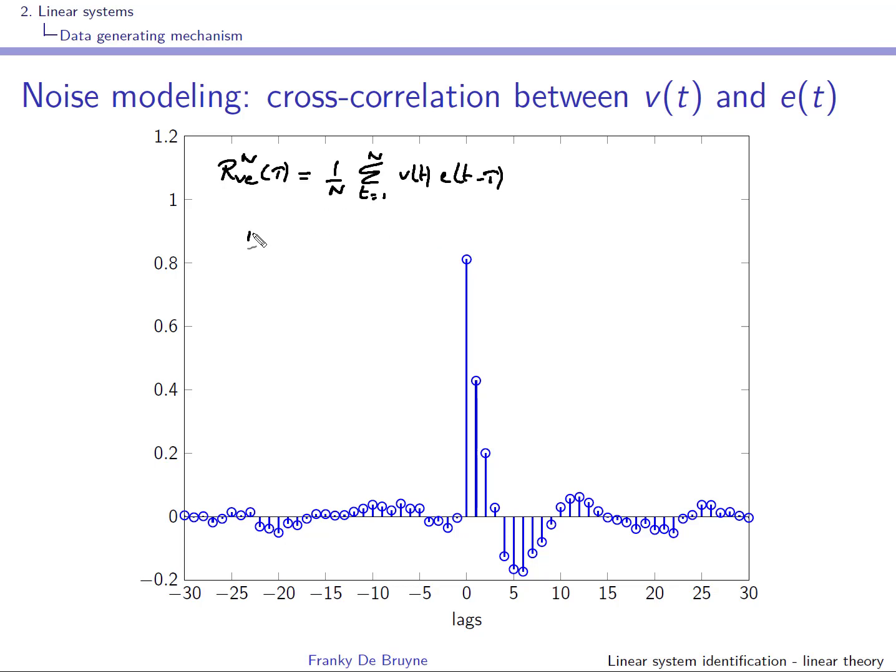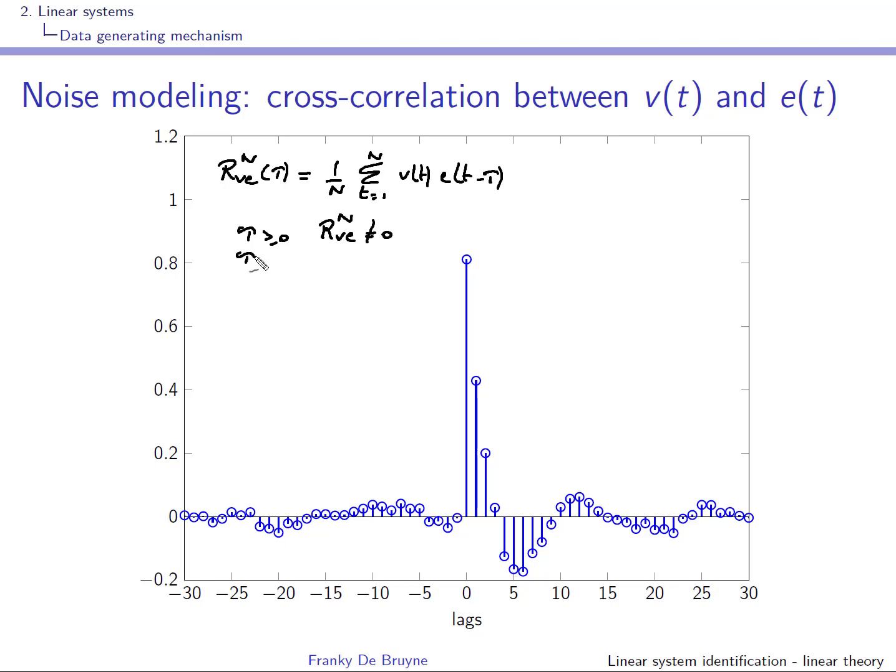So if you take tau larger or equal to 0, you shift e(t) to the right, so that v(t) will correspond with past values of e(t), so there will be some correlation. So in general r_ve of N will be different from 0.